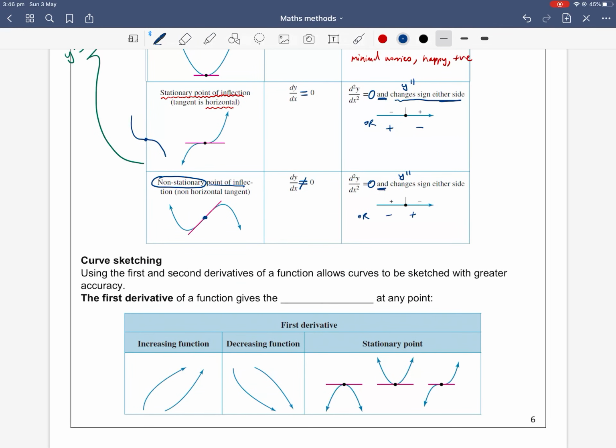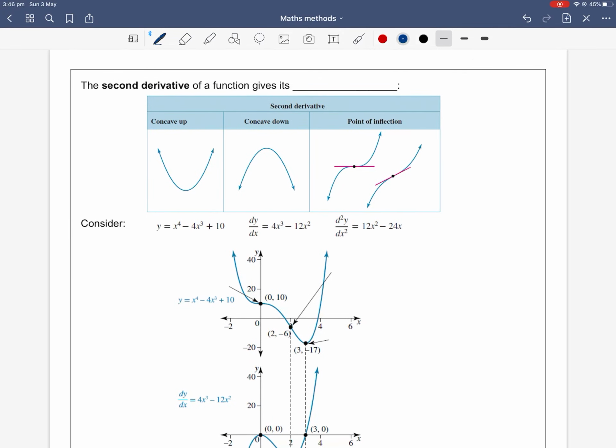So in terms of curve sketching, we use the first and second derivatives to let us see what features the function has that we need to sketch. Remember, the first derivative gives us the gradient or the slope at any point. The second derivative gives us the concavity because it's the rate of change of the gradient.